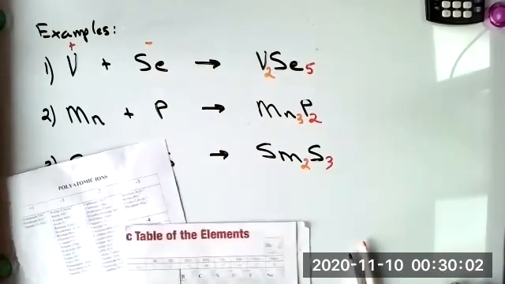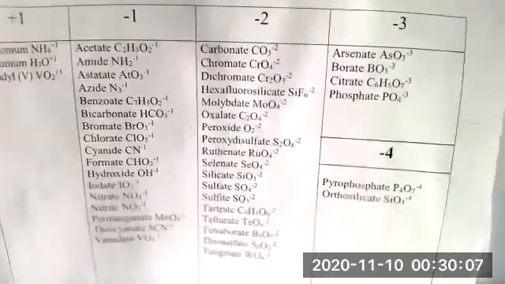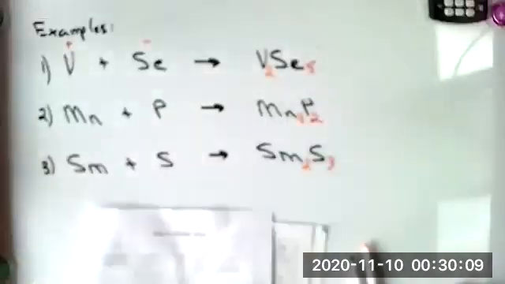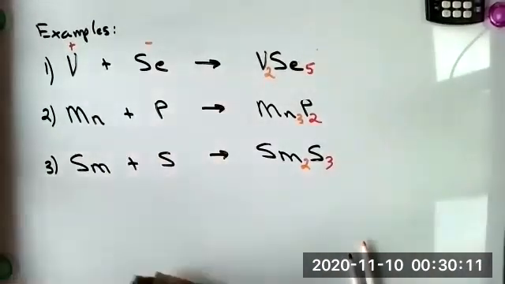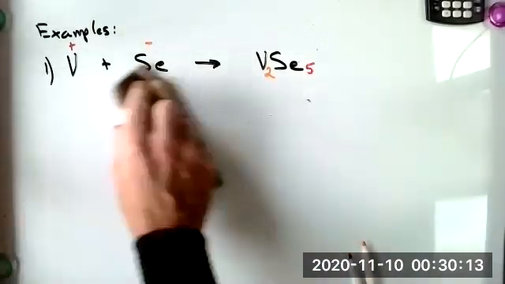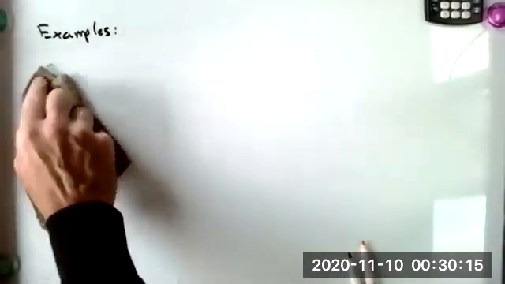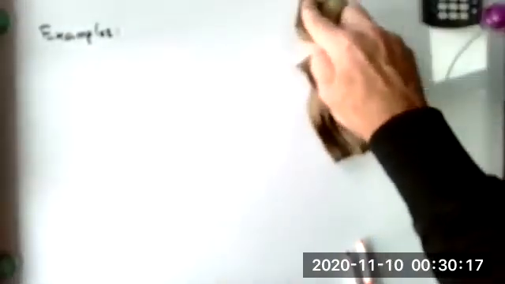Okay. Let's now bring in these good old polyatomic ions. Okay, so let me get rid of this. Don't change how you do these, except now when you drop and cross, you might have to add some parentheses to these guys.